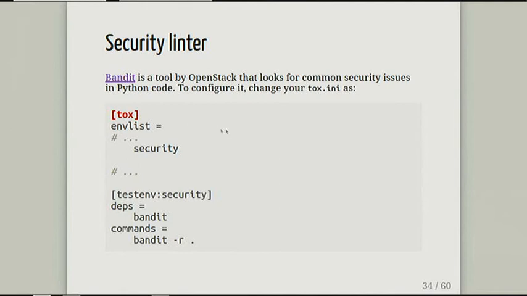Again, we just add the security environment to the env list, so it's run by default, and create this new environment. Set the dependencies as bandit. This is a tool by the OpenStack guys. And set the command bandit -r dot.